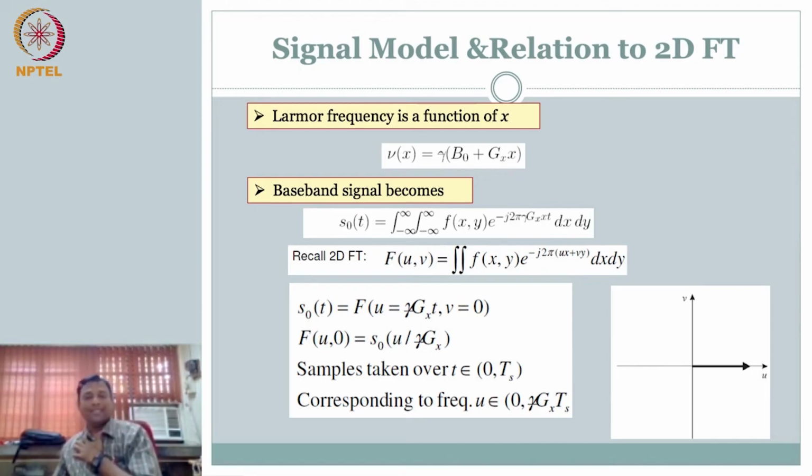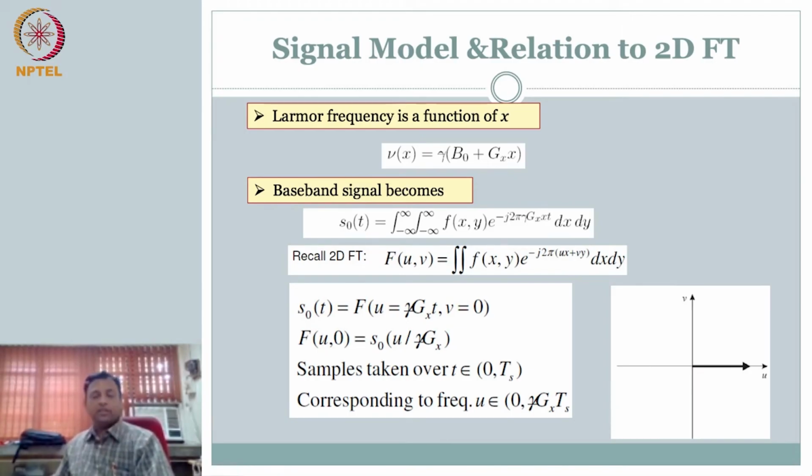If I write out my signal, the baseband of the signal is f of x comma y e power minus j gamma Gx x t dx dy. I've just expanded the frequency that was there in the previous slide when we wrote the signal equation.